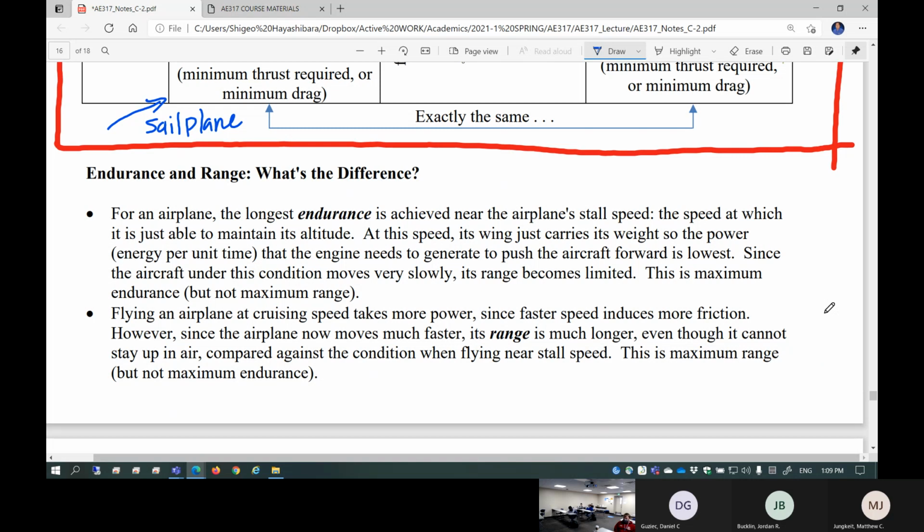So this is minimum power required, even though a sailplane doesn't have a power plant, so it's weird to say. But as with the propeller-driven airplane, the sailplane equation for minimum sink rate is the exact same equation as maximum endurance for a propeller-driven airplane. Make sense?